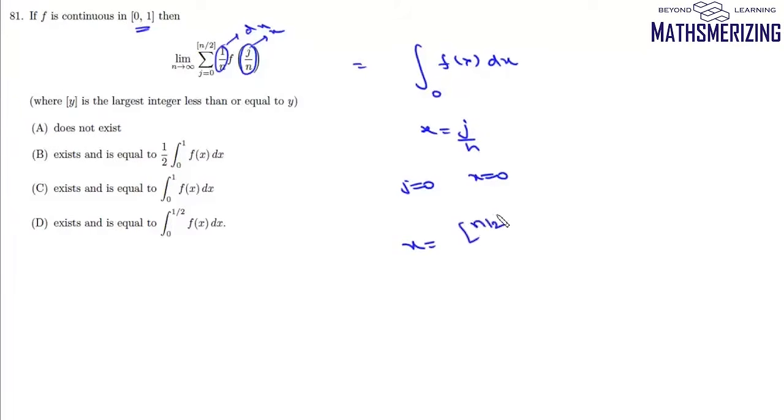the greatest integer function of n by 2 upon n when this limit n tends to infinity. Now we know that the greatest integer function of x is x minus the fractional part of x. So it will be the limit n tends to infinity of n by 2 minus the fractional part of n by 2, upon n.